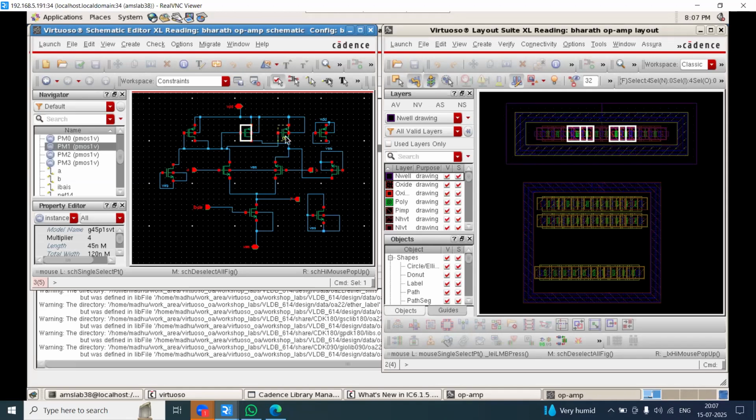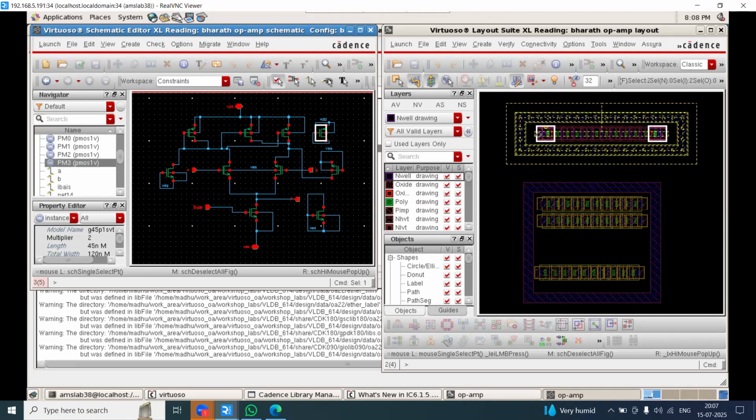And the second one, this third device, 2 more devices this side, 2 more devices this side. And finally, to protect these active devices, I have placed dummies in the corners. One dummy on this side, one dummy on this side. Clear?